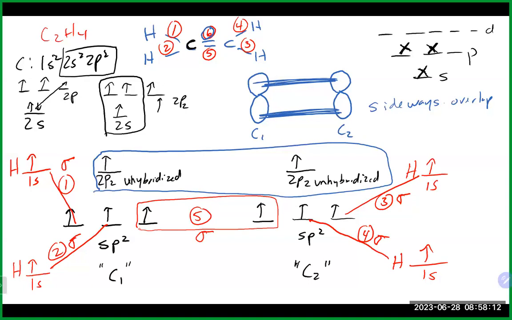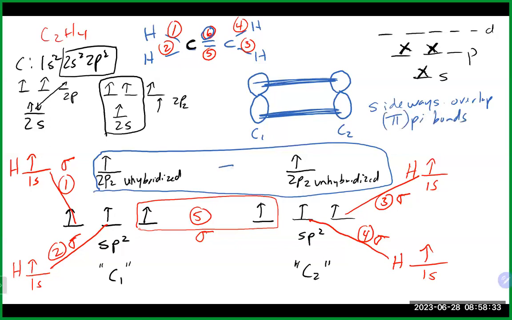So the bond is in the middle and the two balloons on top and bottom come together. That overlapping area is where the electrons would be shared. This type of sideways overlap between unhybridized p orbitals is referred to as a pi bond.